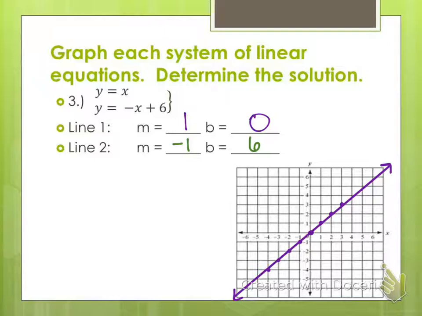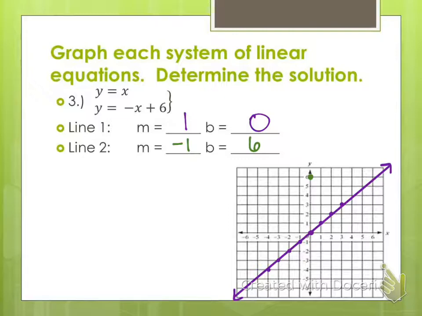Okay, now let's go to line 2. Where am I starting my line 2? 6 on the y-axis. And what is my slope, rise over run, for line 2? -1 over 1. So -1 over 1 means I'm going which direction? Down 1 and then over which way?